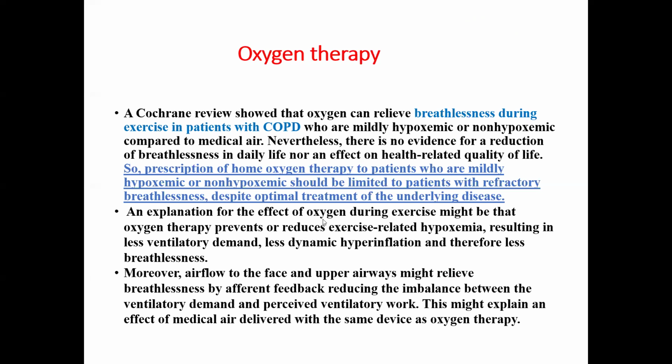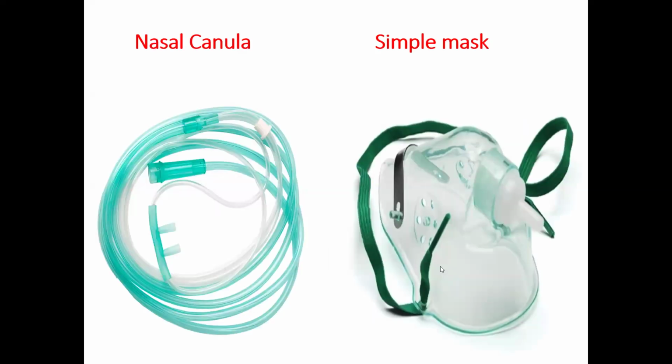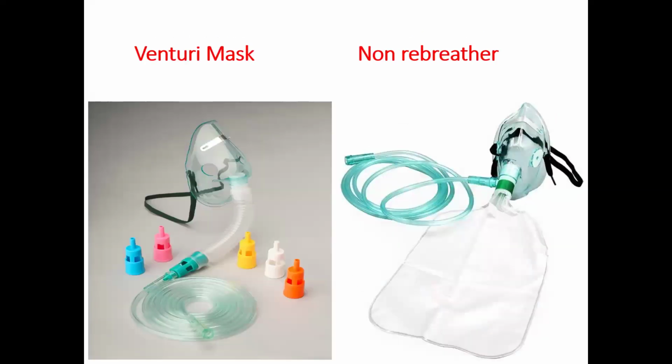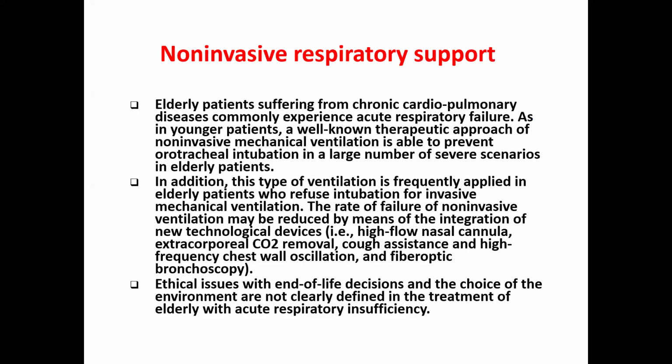But sometimes we use it in patients with refractory breathlessness because it helps with exercise. Okay, it helps the patient to go around, sort of. So the patient can use it when he starts to walk around and all that. So this is useful. Nasal cannula, simple mask, Venturi mask, non-rebreather.